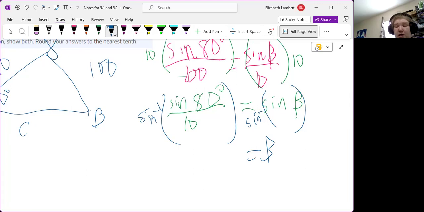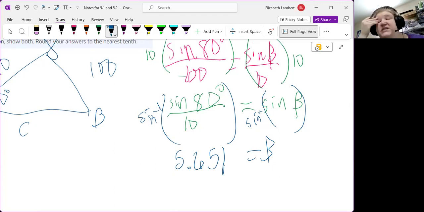So sine of 80 closed divided by 10. And then close that. So this says beta is 5.651, sure.